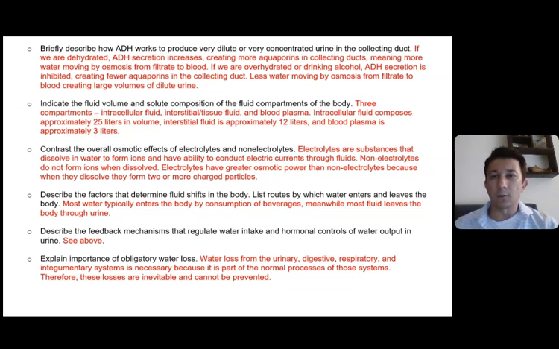That is, 12 of those is in the interstitial or the tissue fluid, and about 3 liters in blood plasma. And we primarily see that the main solute in the intracellular fluid is sodium, and in the interstitial and tissue fluid, it's going to be potassium. That's pretty high as one of the main solutes in there.